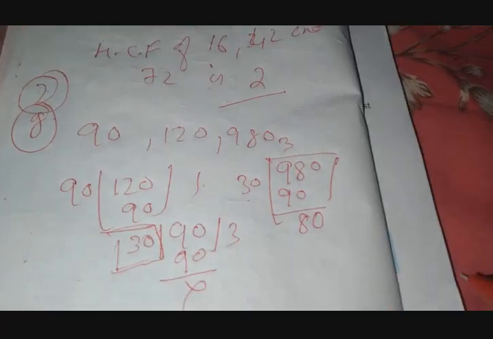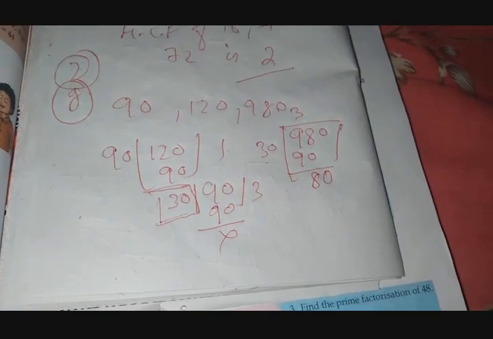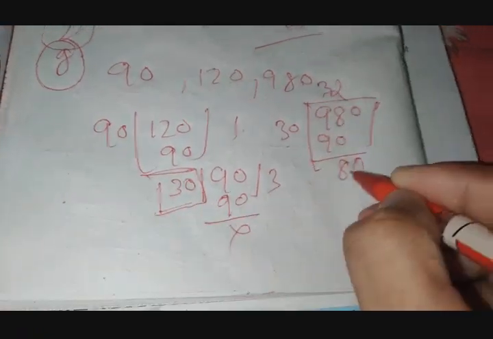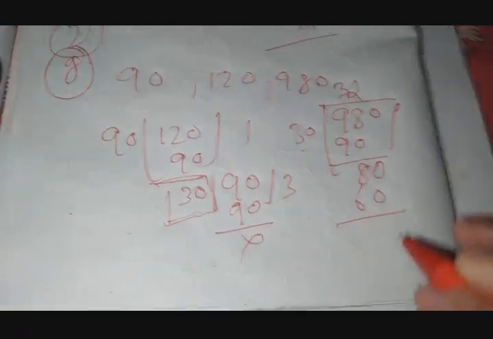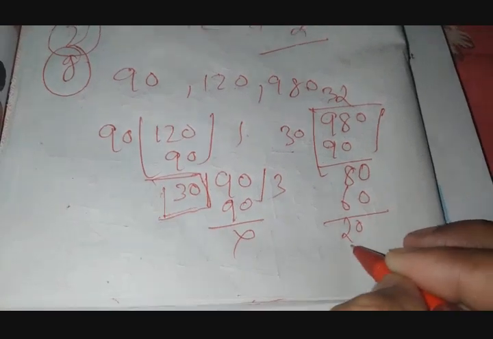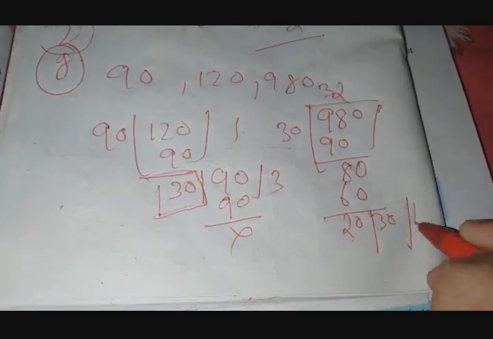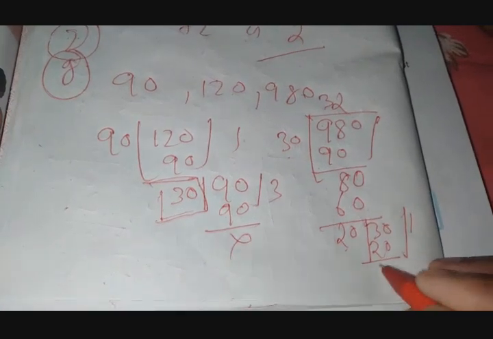Again it will be divisible. We get 30. 2 times is 60, and we get 20. Now this is smaller than 30. Then we take this 30 and we get 1, so it becomes 20, and we get 10.